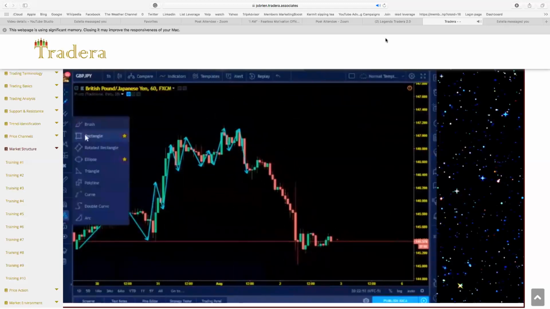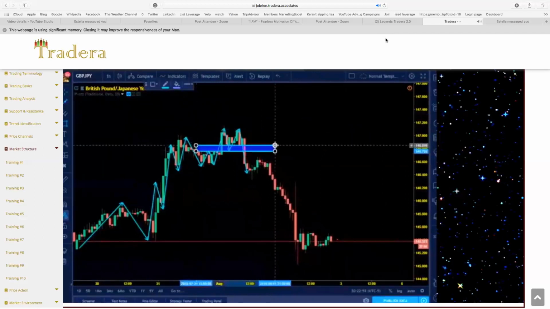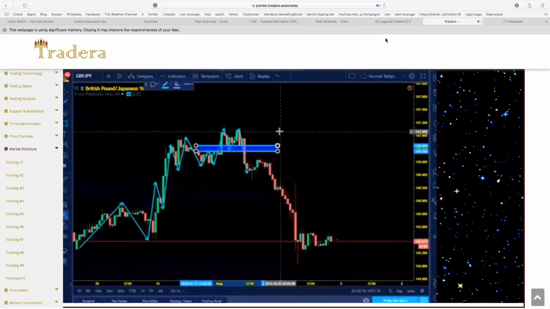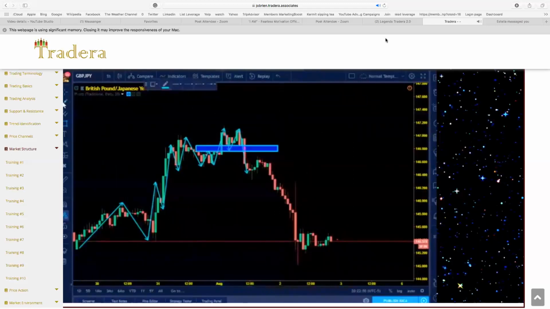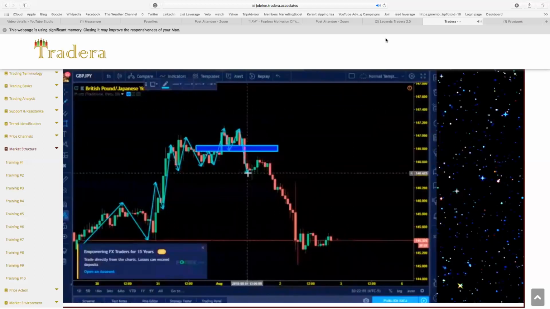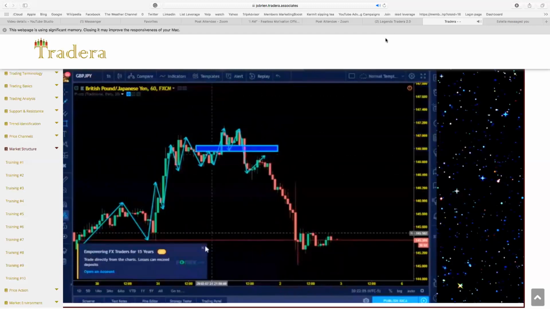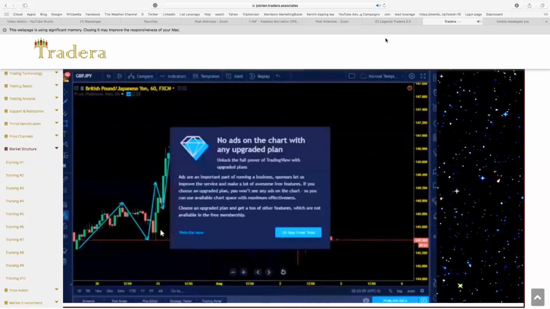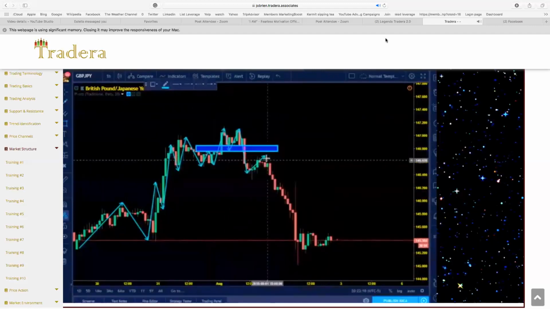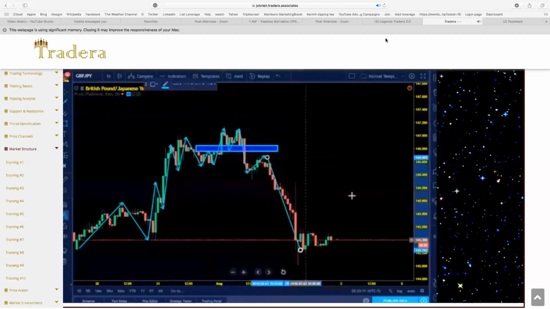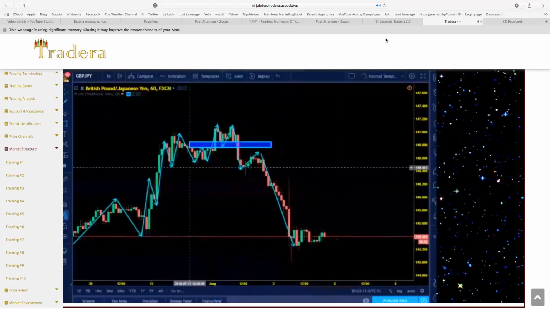What happens right here, guys? Broke structure. And what happens when price breaks structure? Do we retest and then rise? No, we retest and we fall, guys. Bam. What's the problem?